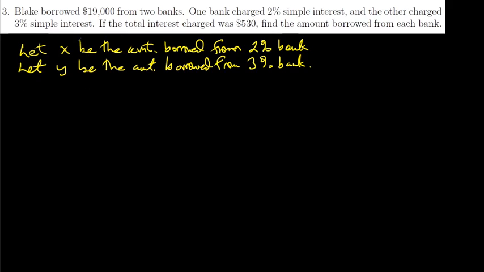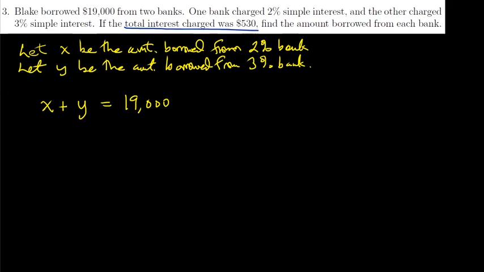And what do we know about the amount of money? Well, the total is $19,000, right? So whatever we borrowed from the first bank added to whatever we borrowed from the second bank has to add up to $19,000. Okay, so that's the first equation. The second equation has to do with the amount of interest. The total interest that was charged was $530.